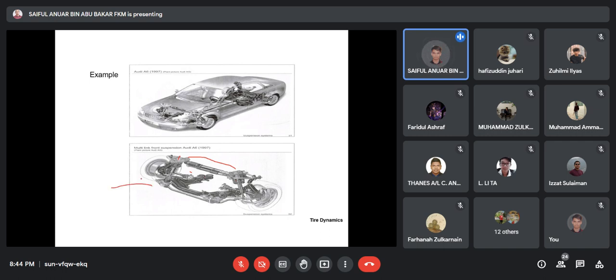Okay, so this one is a multi-link. This one is the rear. Okay, this one is also a multi-link.